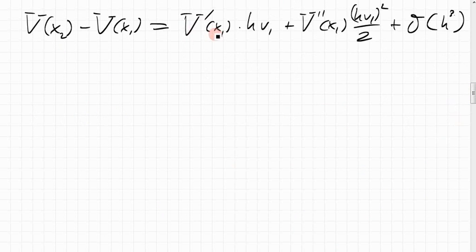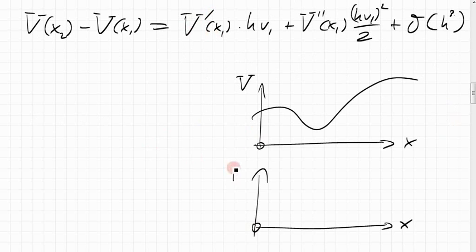The derivative of the potential energy with respect to position has a physical meaning. Let's look into that. Actually it turns out that this derivative is nothing but minus the force at that very position. Why is that the case? Let's look at this valley.